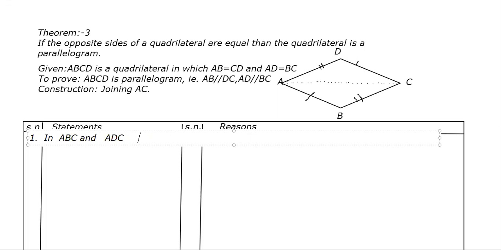Now let's prove they are congruent. First of all, by which axiom are they congruent? All the sides are equal. That's why we can write AB is equal to CD, which is given.